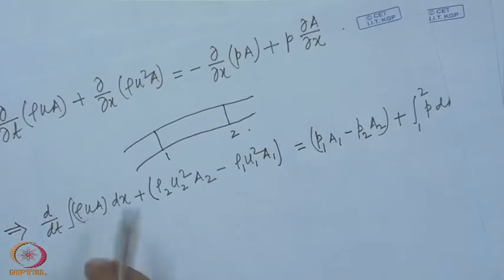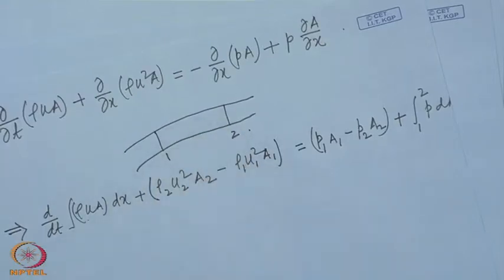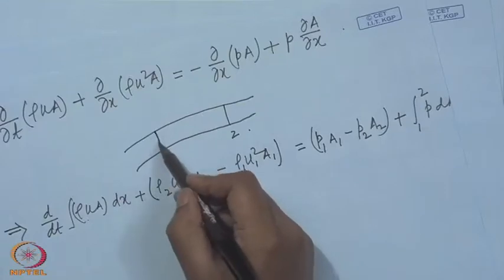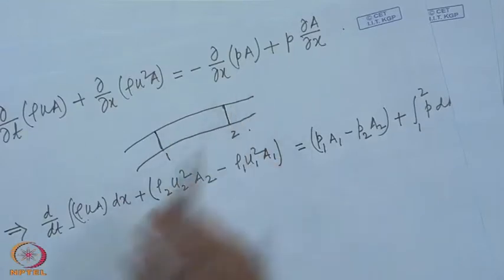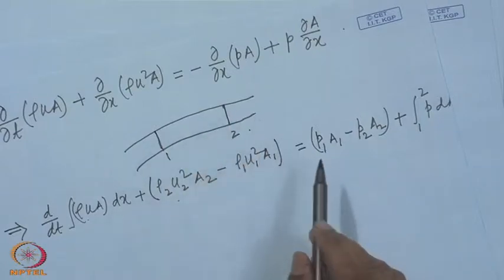this first integral is the rate of change of momentum of the fluid enclosed between station 1 and station 2, and the second term is the momentum flux through the sections 1 and 2.